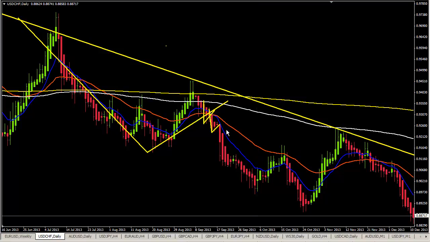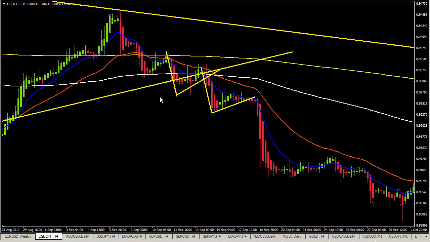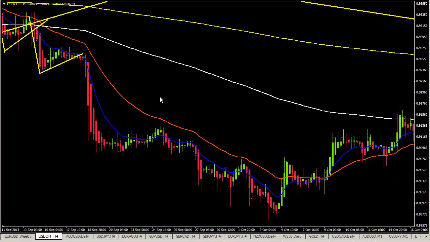I entered on the 4 hourly, so I can also hedge up on the 4 hourly, or on the 1 hourly, it doesn't really matter. So what do you have to do? You have to go back to your 4 hourly chart. You have to see the price actually breaking the 36 and creating a higher low, sometimes also a higher high like here. You don't get that every time, but it would be great. You don't have the crossover, but you have a higher high and a higher low, because after that you get a green candle.